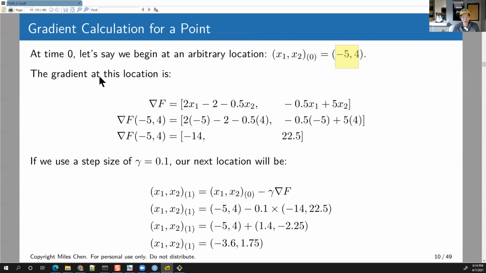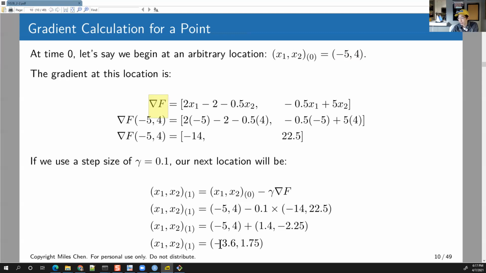If the answer is I want to find downhill, you just say which way is uphill and move in the opposite direction. It sounds silly, but that's basically what we're telling the computer. So you're giving it some starting location wherever you are. You're going to say which way is uphill. That's the calculation of the gradient, and we're going to say just move in the opposite direction of uphill.